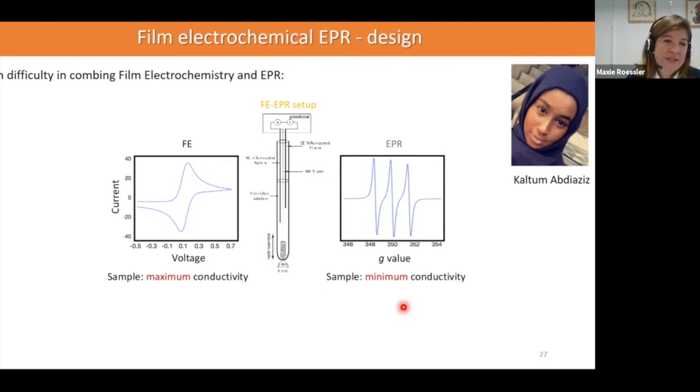The main difficulty in combining film electrochemistry and EPR is that film electrochemistry, just like any electrochemistry, of course, requires conductivity, whereas conductive samples are really best avoided in EPR. And since the working electrode has to be inserted into the EPR cavity to enable EPR investigations, this working electrode needs to be tunable, functionalizable, EPR silent, and give you high sensitivity, since much of the sample space is taken up by the working electrode.